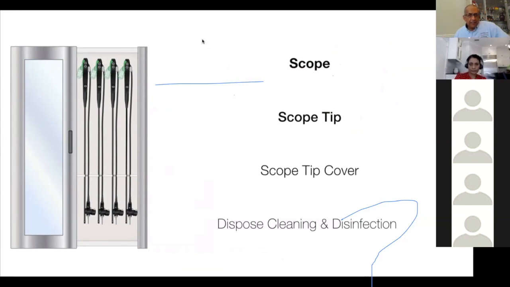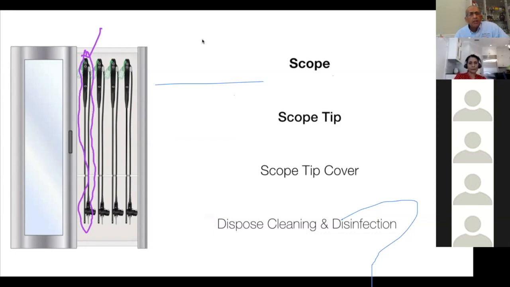So coming back, what are the things that happened since CRE came out? Industry came up with novel designs whereby you could actually use the scope once for a particular patient and not reuse it again.